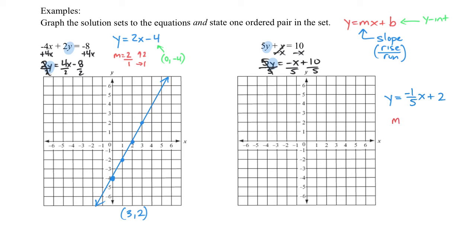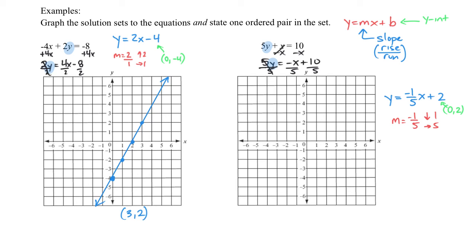Our slope is -1/5, which means down 1, right 5. Always to the right. Always to the right. Let me clean this up a little bit. Down 1. There we go. And then our y-intercept is (0, 2).